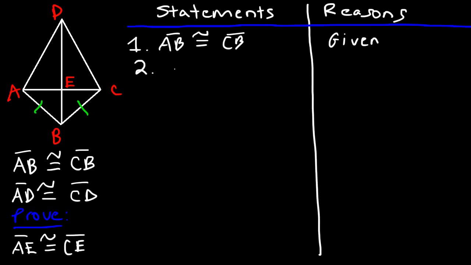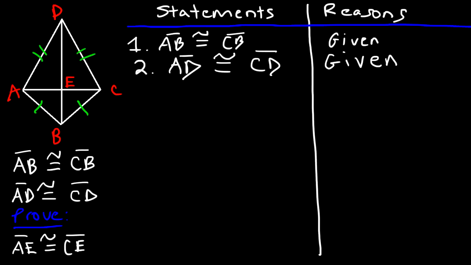Now we have the second statement, that AD is congruent to CD, and that's given as well. So let's mark that too. Now notice that we can prove that this triangle BAD is congruent to BCD, because we already have two sides of that triangle, and also we have the common side.